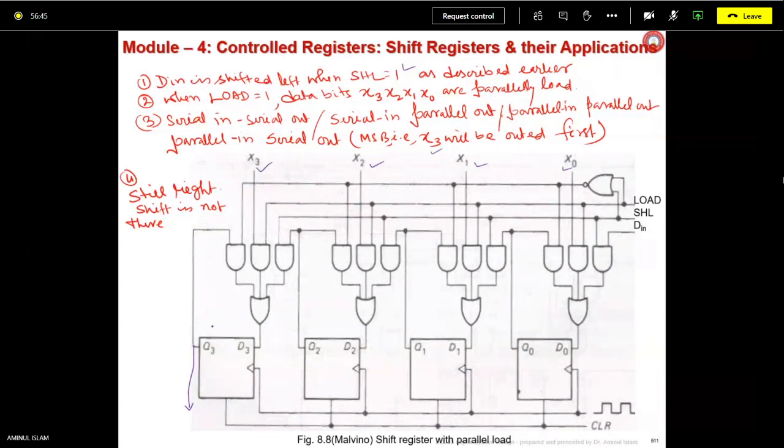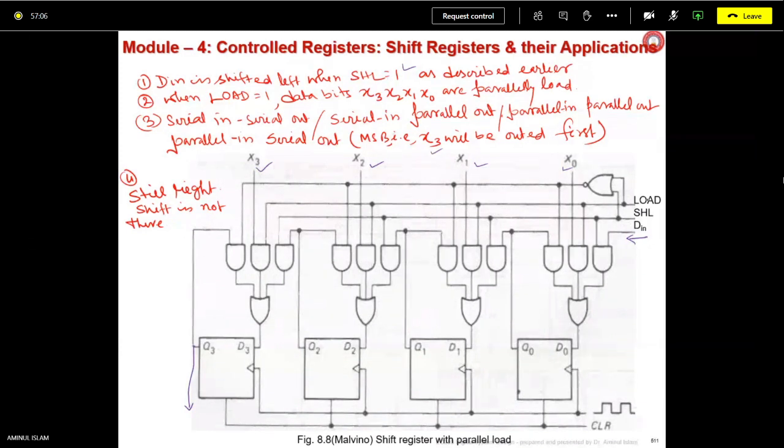New thing here is what? Parallel loading. We have earlier understood how a data bit can be stored serially, shifting bit by bit to the left. So we will not discuss that, but we'll discuss the parallel loading capability of this register.